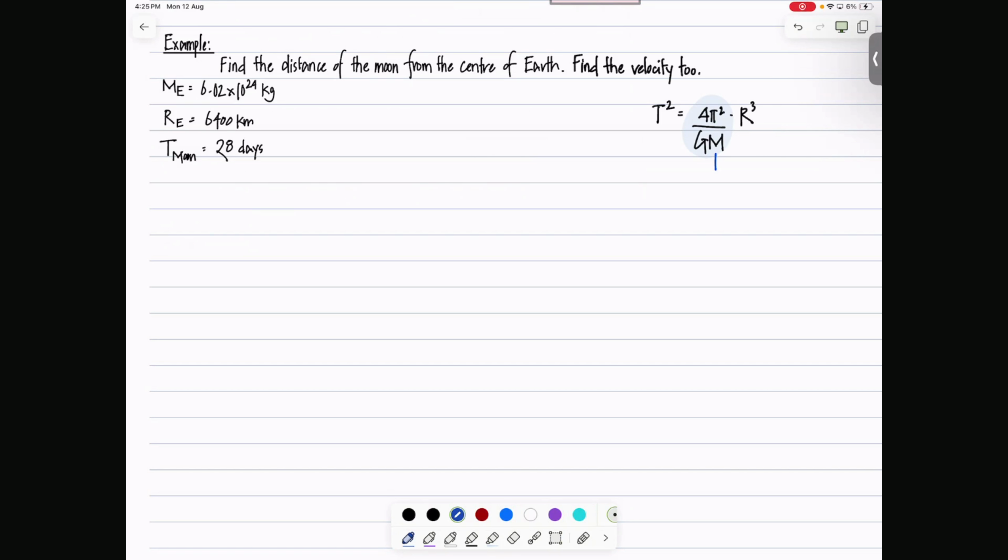Okay, so this is G. I hope you know the G value. I've told you, G is 6.67 into 10 to the power minus 11 Newton meter square per kg square. It's called the universal gravitational constant.